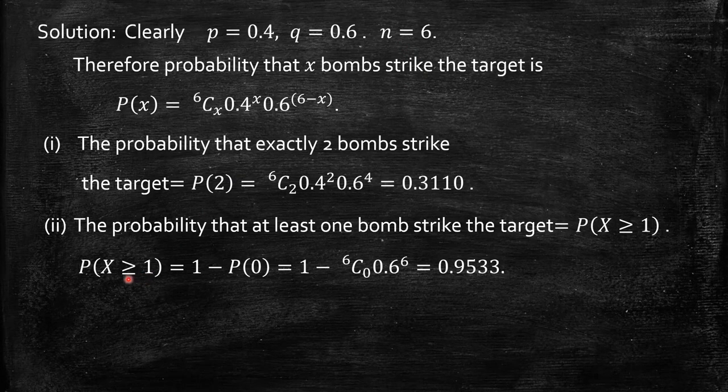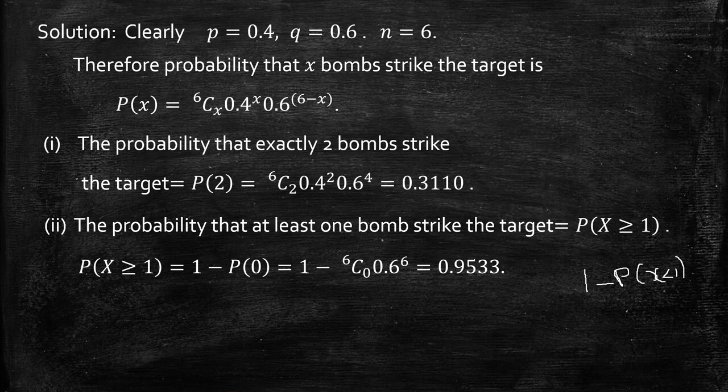Instead of that, we can take the complement. The probability of x greater than or equal to 1 is nothing but the complement of the probability of x less than 1. So the probability of x greater than or equal to 1 is 1 minus the probability of x less than 1. Since it is discrete, x less than 1 means only one integer value, that is 0. So I have 1 minus p of 0.